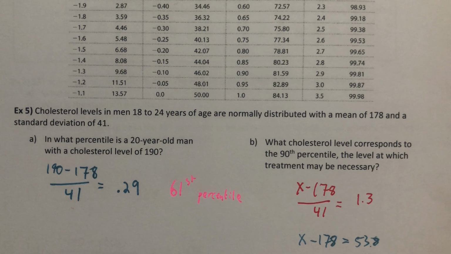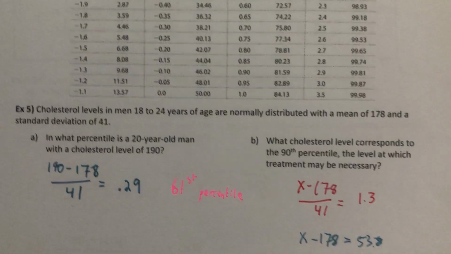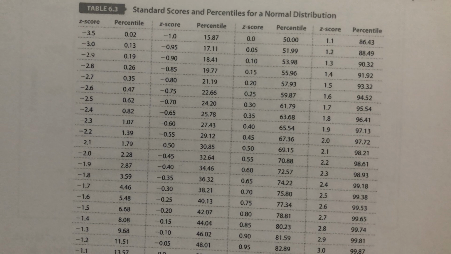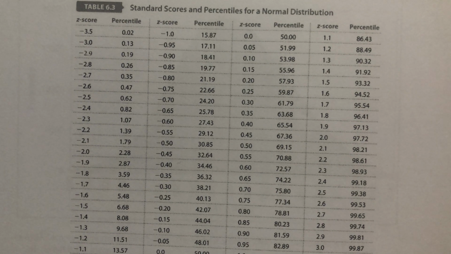All right, if you're in the 90th percentile, what levels would you be? So we're going to come up here, and once again, we don't exactly have a 90.0. We do have a 90.3, so we're going to use that. And the z-score of 1.3 is the closest we have.